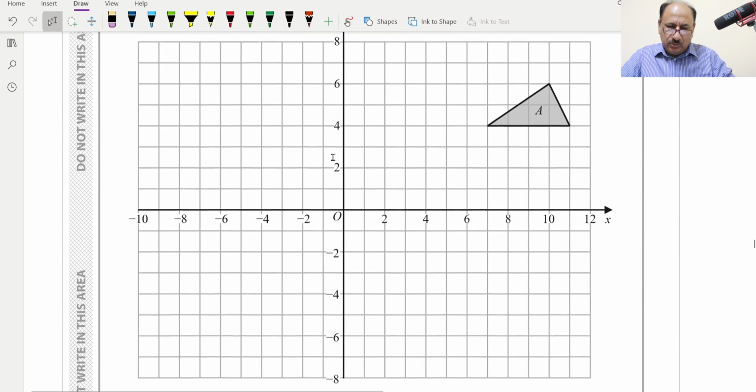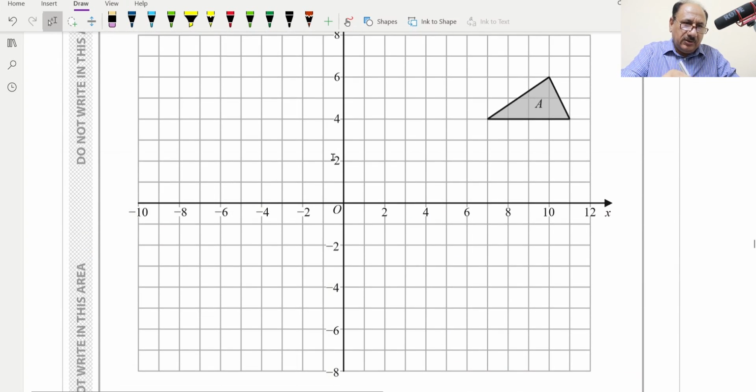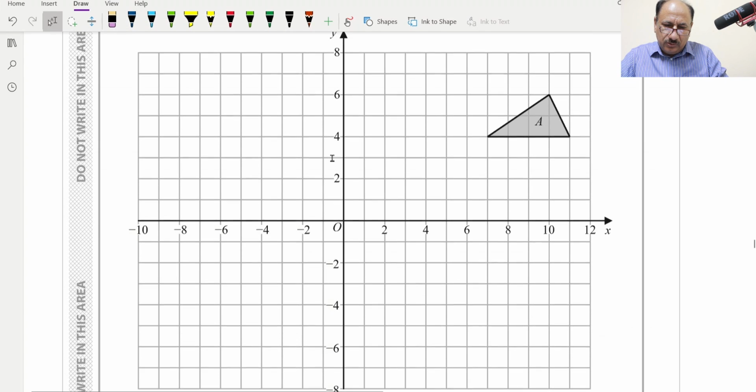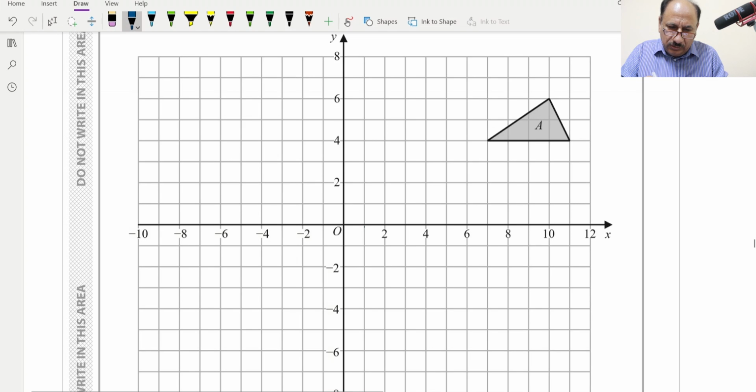So x is equal to 1 will be this line. We can draw x is equal to 1 over here. This is our line, and now we will be checking this gap. So it is 1 2 3 4 5 6 units, and from here the other side 1 2 3 4 5 6 units. So this will be our 6 unit mark.